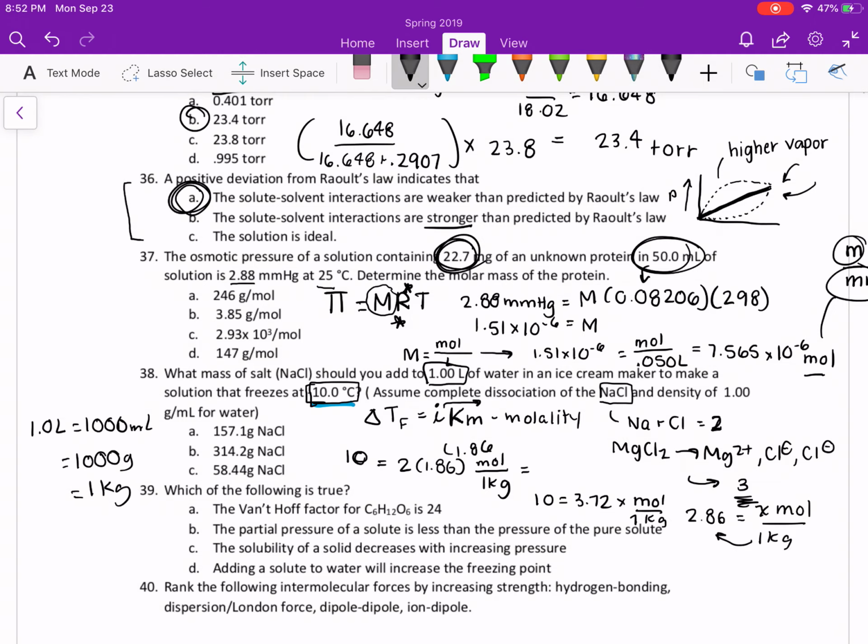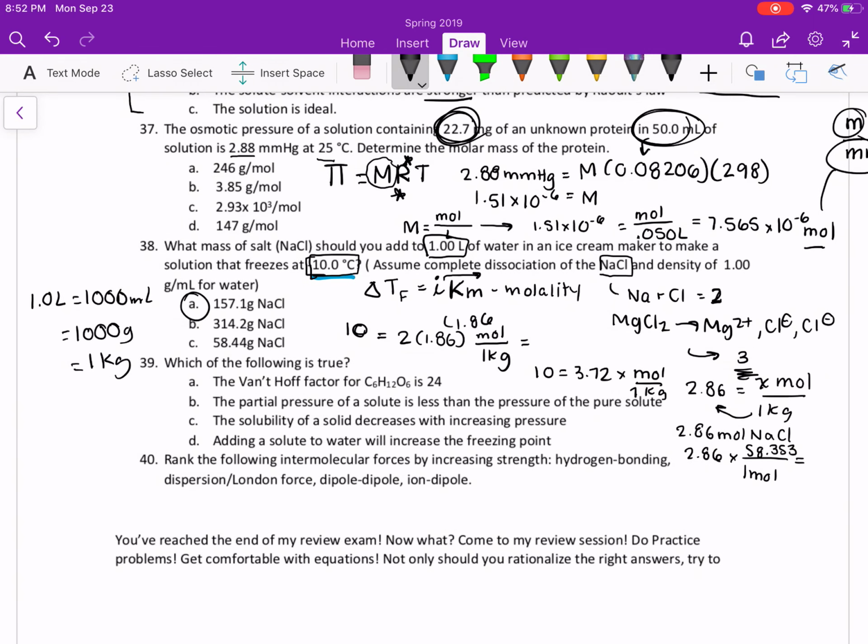So I get 2.86 moles of NaCl. And now it wants me to find the mass. So I'm going to convert 2.86 times the molar mass of NaCl, 58.353. And when you do that, you should get 157.1 grams of NaCl. So that would give us A.